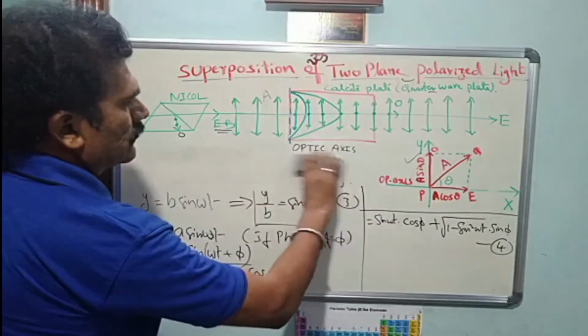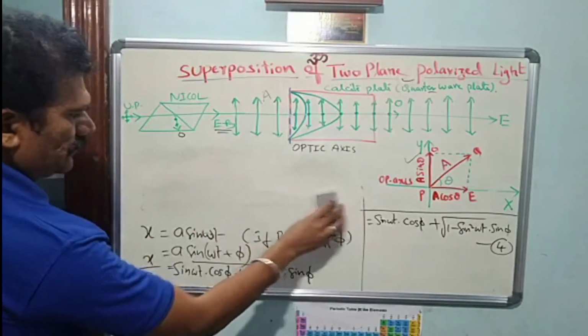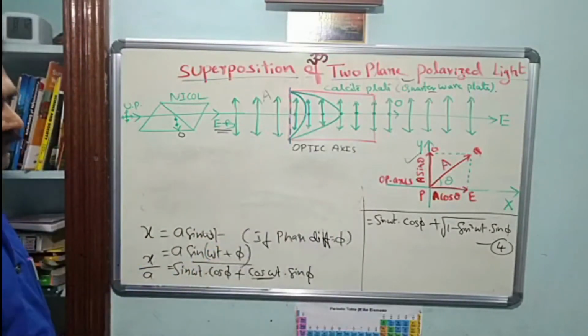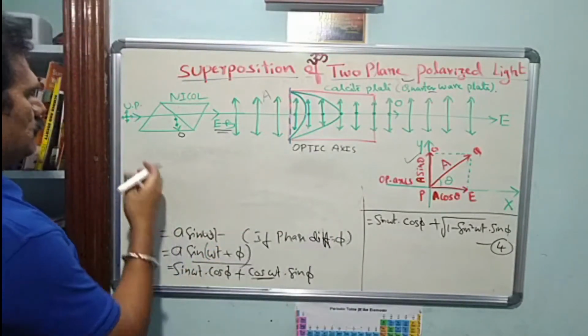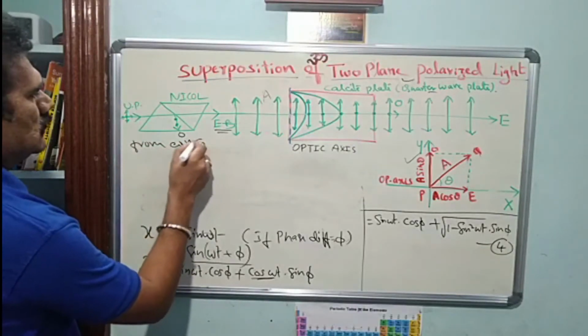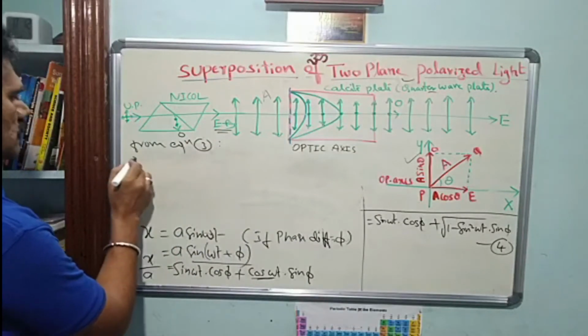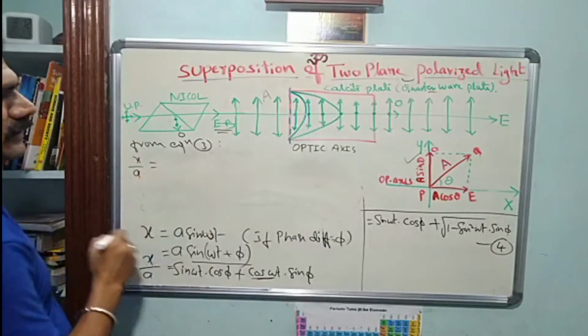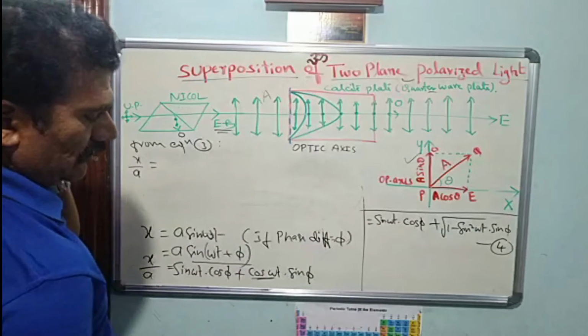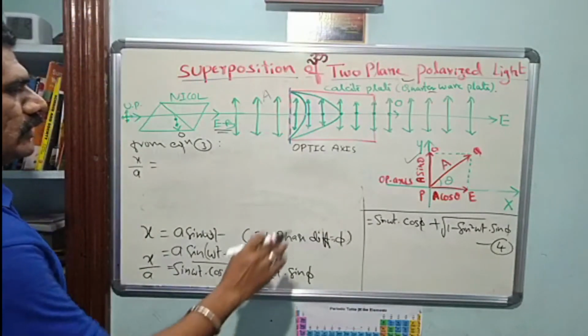We'll start from this space again. Okay. So from equation 3, substitute in equation 4. So that is equal to x by a, left hand side. Sin omega t, what you have to write? Sin omega t is equal to y by b only.